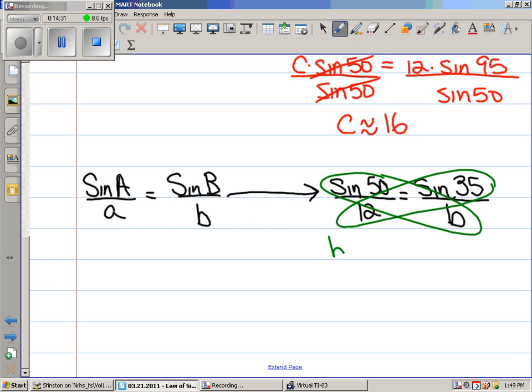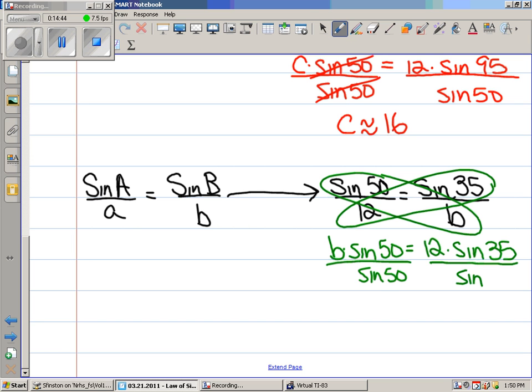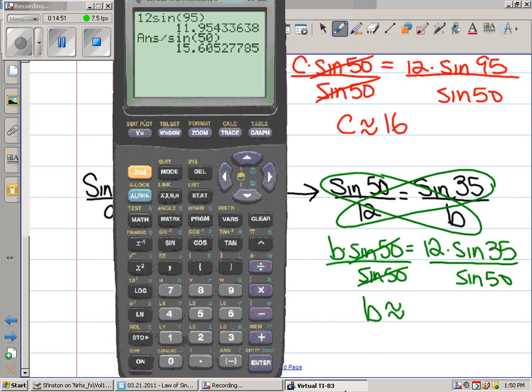Cross multiply it up. B times the sine of 50 equals 12 times the sine of 35. Divide both sides by the sine of 50. Booyah. And I think when you plug it into your calculator, 12 sine 35, hit enter, divided by the sine of 50. It's like almost 9.